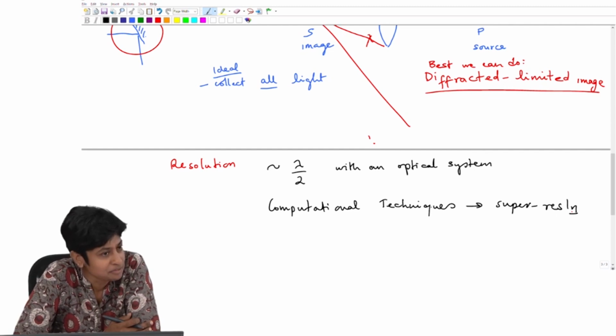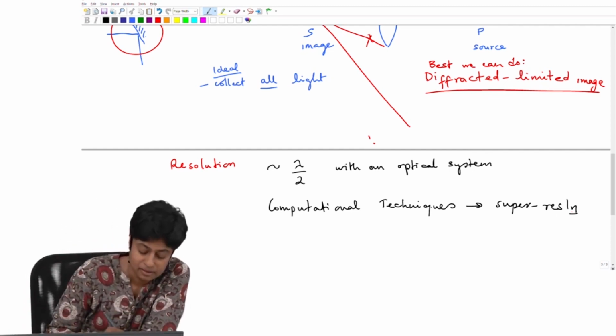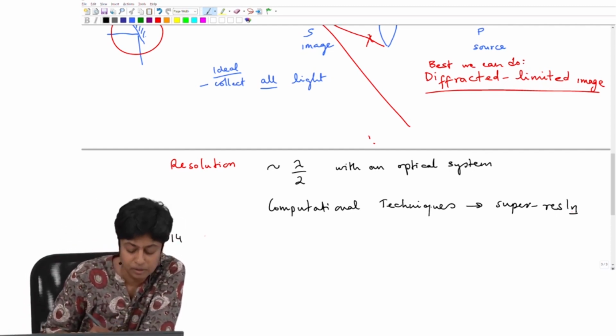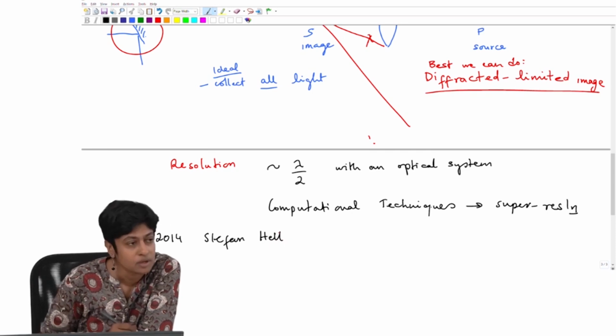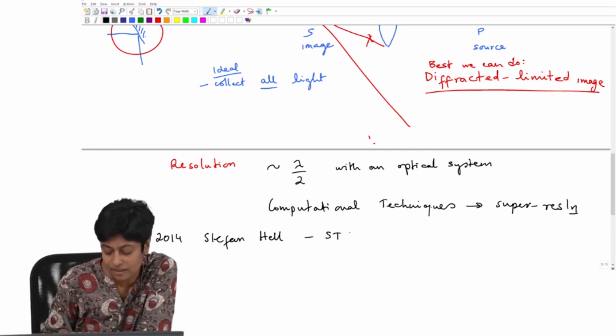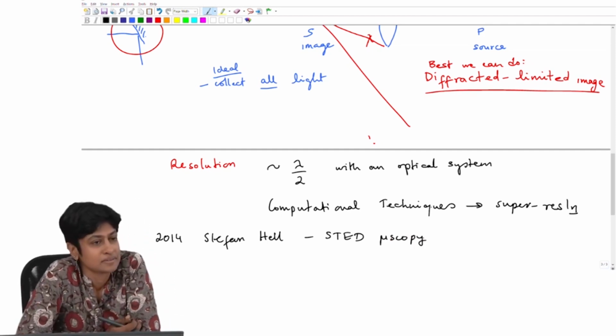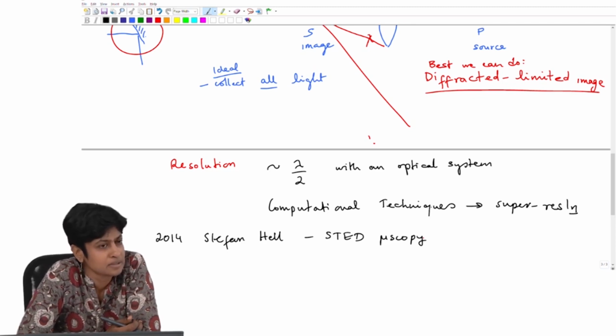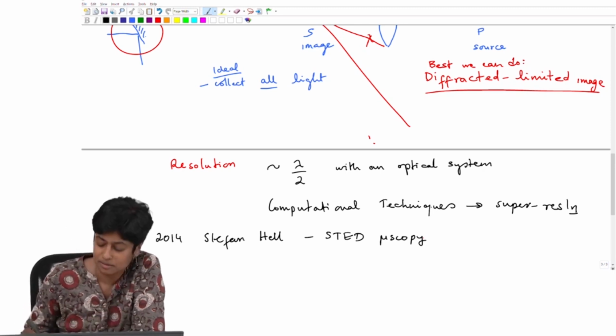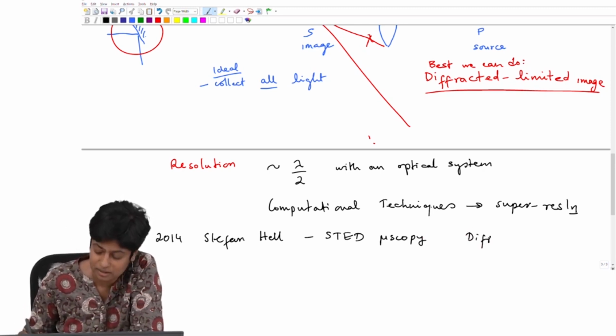Funnily enough, in 2014, a Nobel Prize was awarded to somebody called Stefan Hell from Germany for a technique called STED microscopy. It was actually awarded, I think, in chemistry. And he used diffraction.